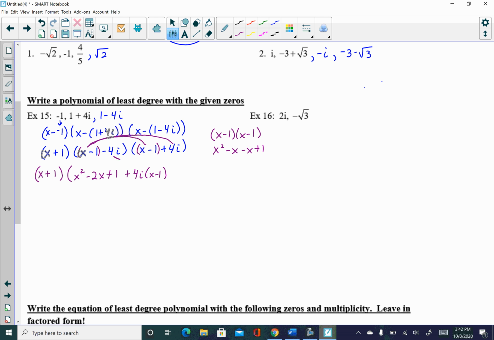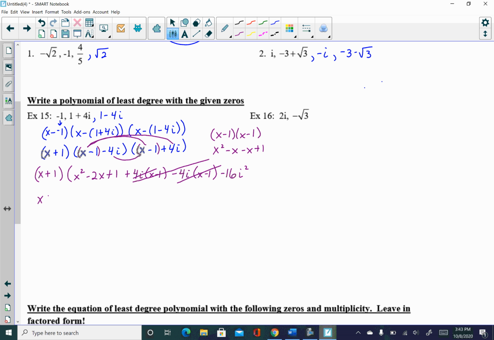And then when I do my inside, I'm going to have negative 4i times this x minus 1. And then my last, -4i times positive 4i will give me -16 i squared. My point in writing that out was to show you that your outside and inside terms cancel out, because you've got positive 4i times that and negative 4i times that. So that completely goes away. Both of those terms are gone.